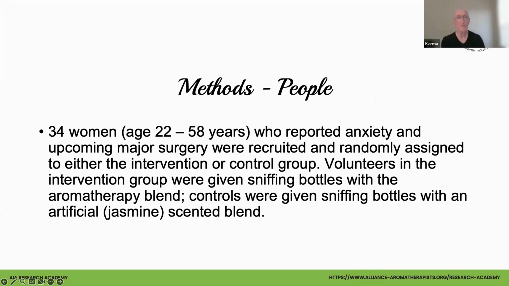So this randomly assigned, that is, you did the allocation to intervention group and control group randomly. That's very important. Volunteers in the intervention group were given sniffing bottles with the aromatherapy blend. Controls were given sniffing bottles with an artificial, say, jasmine scented blend. Next slide.